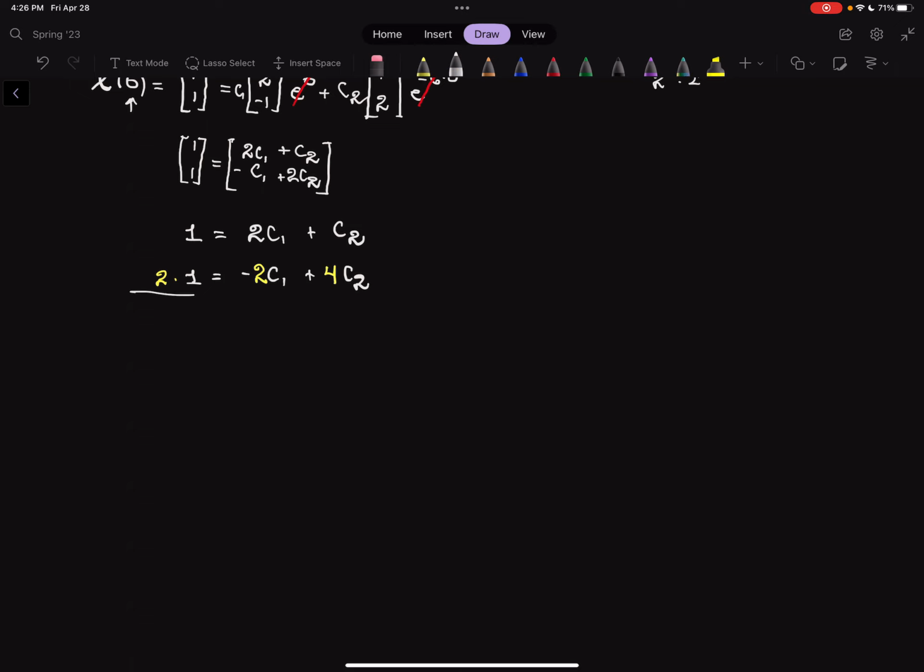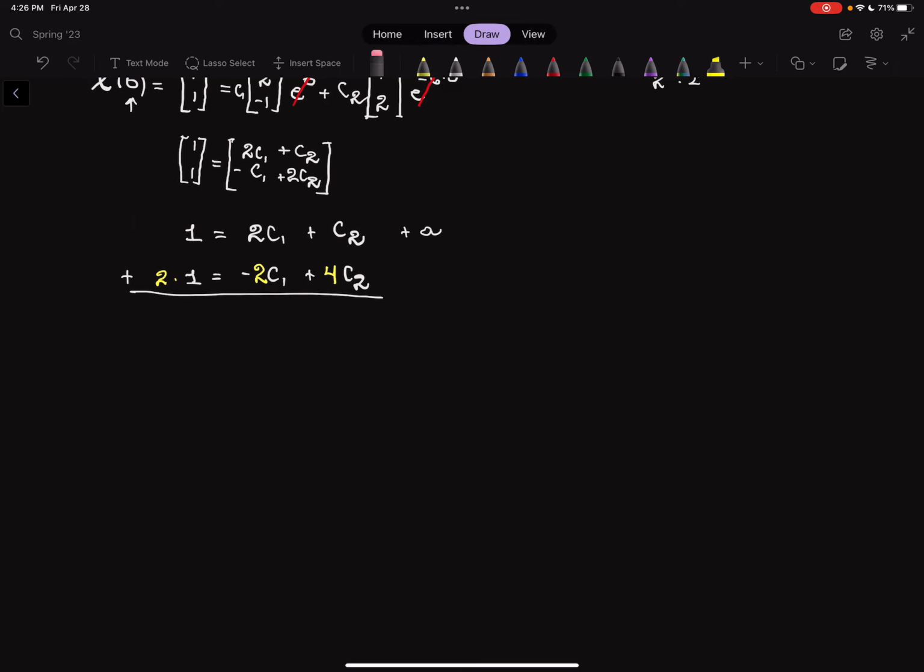And now I can add them together. Why can I add them together? Because this equation is telling me that this left-hand side is equal to this right-hand side. So adding this bottom equation to this top equation is the same as adding something to the left and something to the right, and it's not going to change the equality.